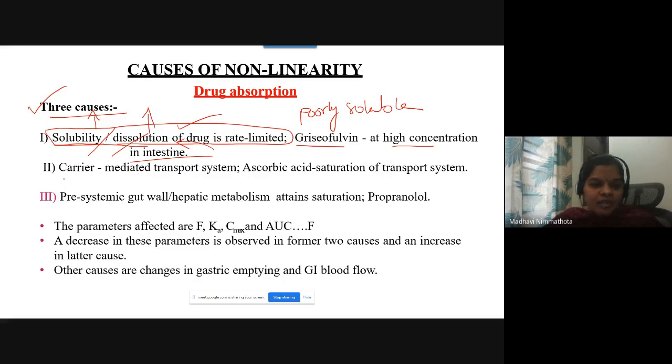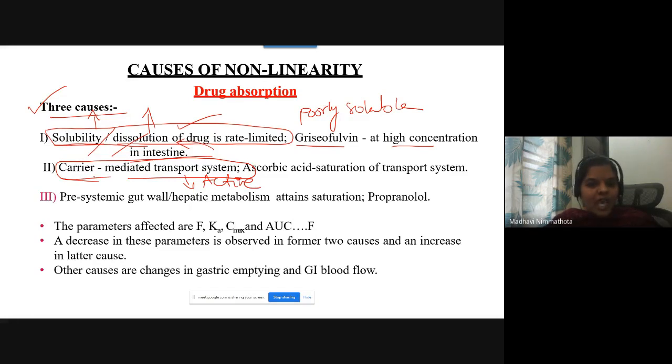And then the carrier mediated transport system. This occurs in case of active transport of the drugs. All these things we studied under absorption. When the process of active transport mechanism is needed for transporting your drug into the biological membrane, you have a need of a carrier.